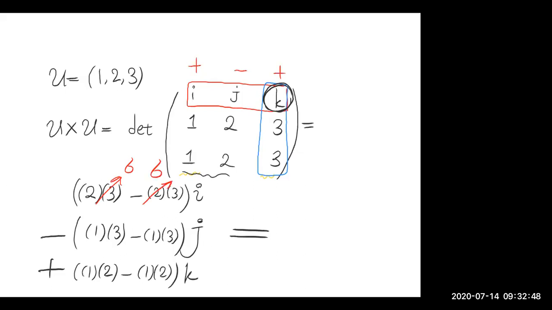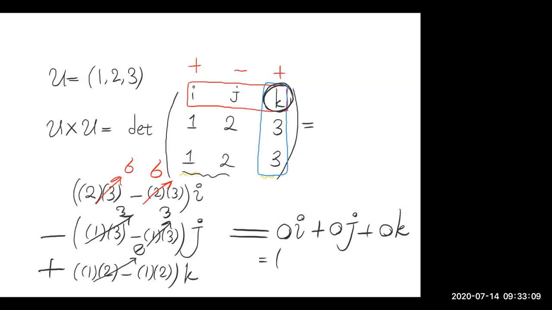I would get 0i. Here I have 3 minus 3, which is 0. It would be minus 0j. And here I would have 2 minus 2, which is 0. But minus 0 and plus 0 are the same. And finally, plus 0k. And as a vector, I should write down these numbers as components of the vector, which all of them are 0. 0, 0, 0. It's the vector 0.